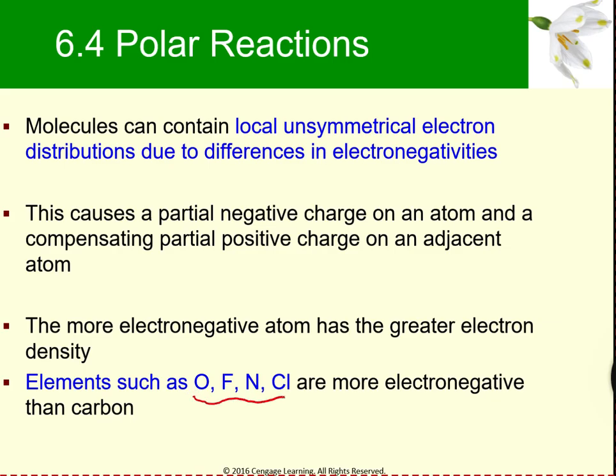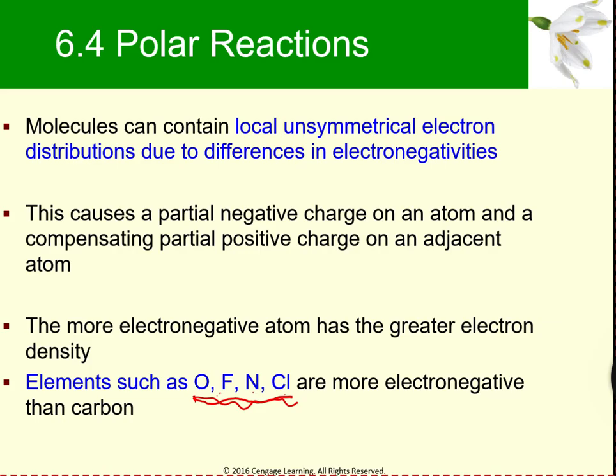O, F, and Cl are very electronegative atoms. If other atoms attach to such electronegative atoms, then two electrons will move to that atom, and the counterpart atom will lose them.